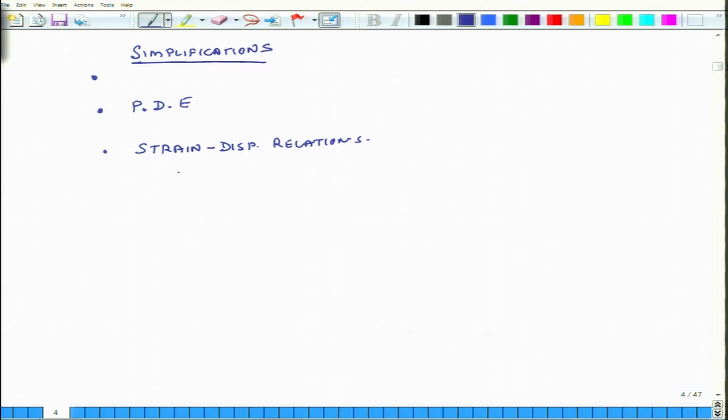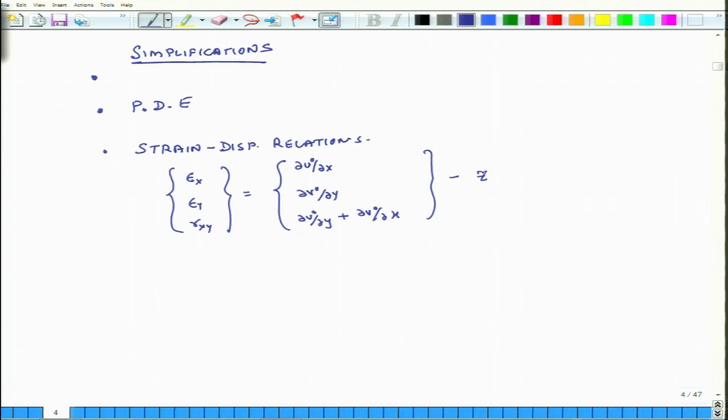So, what do I mean by strain displacement relations? Epsilon x, epsilon y, gamma xy is equal to del u naught over del x, del v naught over del y, del u naught over del y plus del v naught over del x, minus z times del 2 w naught over del x square, del 2 w naught over del y square, and twice of del 2 w naught over del x del y.